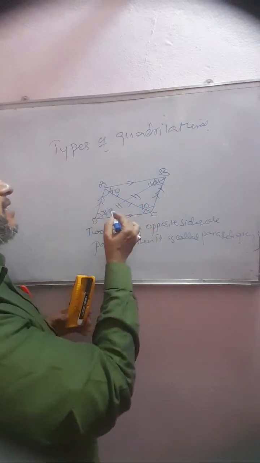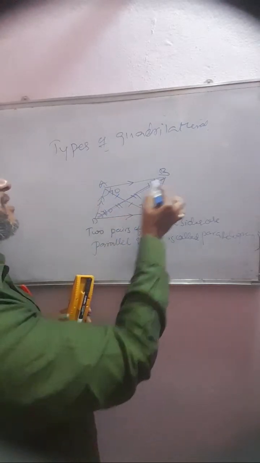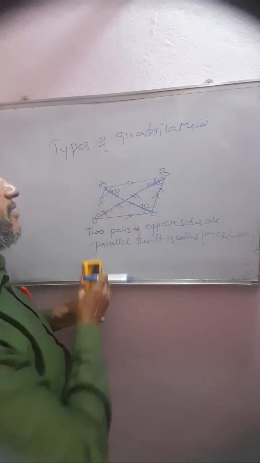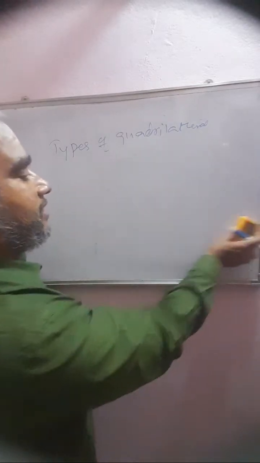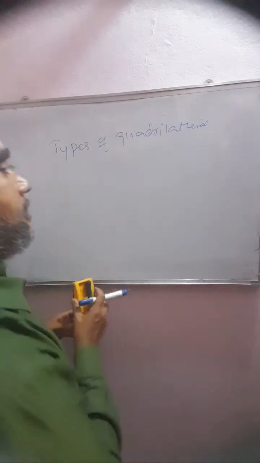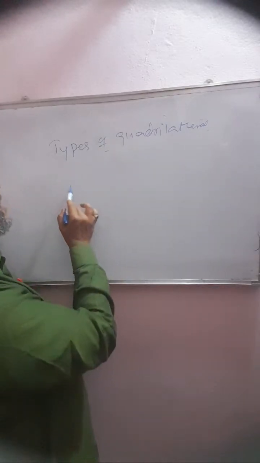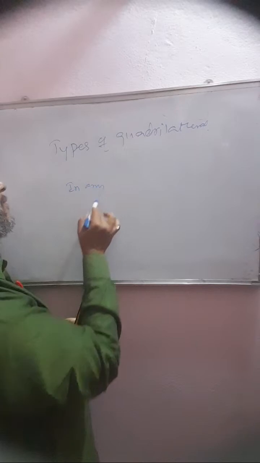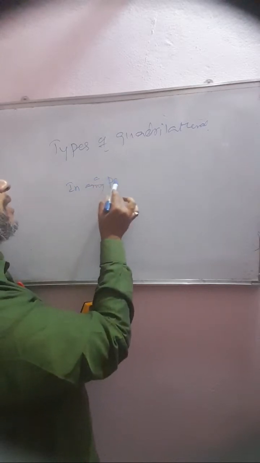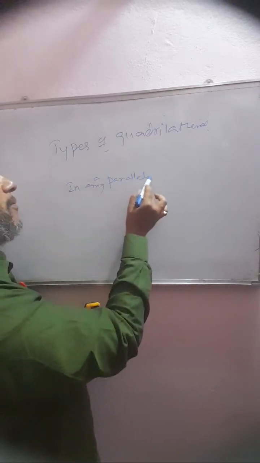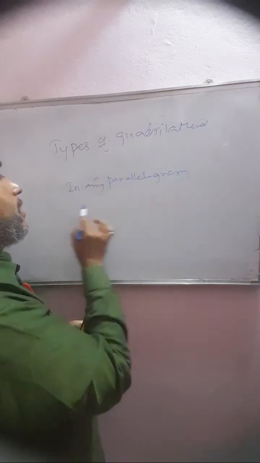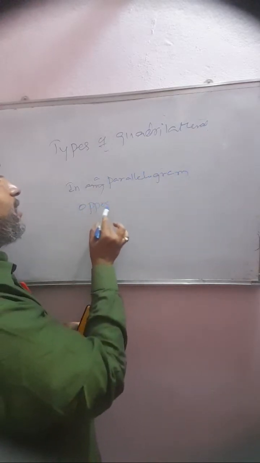For these two diagonals, this length and this length will be the same, and this length and this length will be the same. So once I will dictate to you the properties of a parallelogram. In a parallelogram, opposite angles are equal.